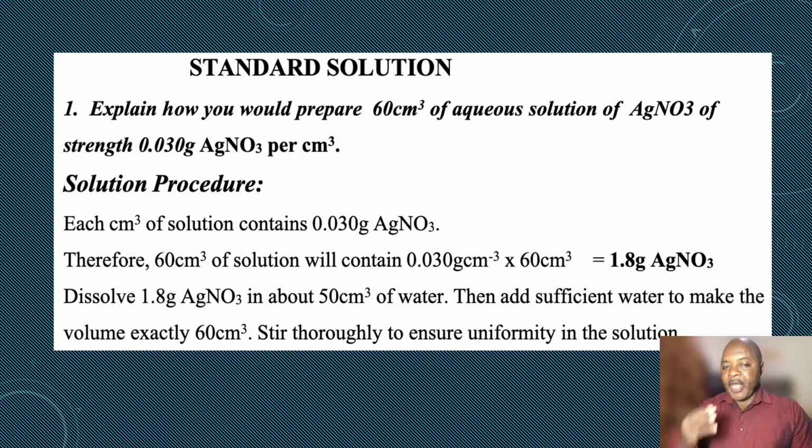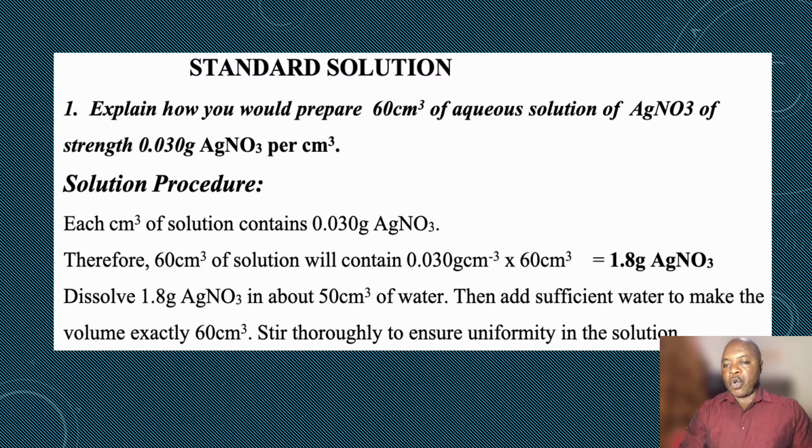Dissolve it very well. You can use the glass rod to dissolve it very well. Then when it has all been dissolved, you can now add sufficient distilled water to make the volume exactly 60 cm cube. The stirring will ensure uniformity in the solution.